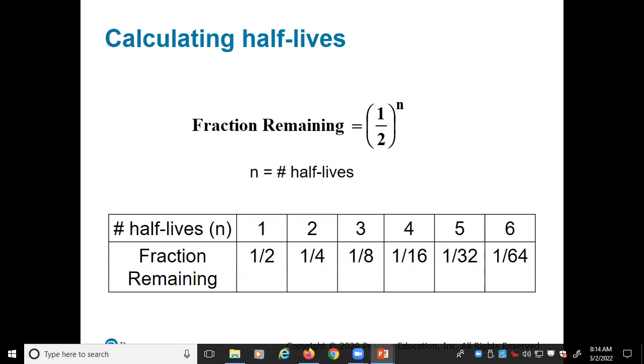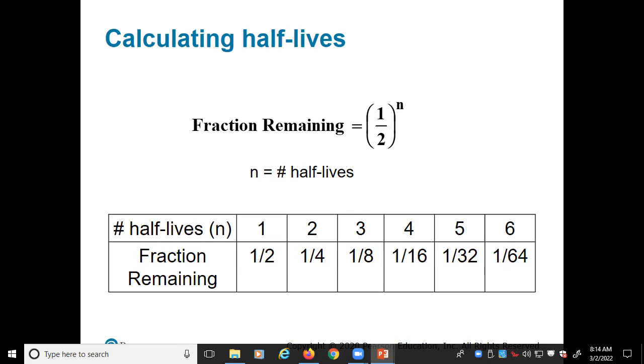Now, we won't get into all of the complex calculations. We'll keep it simple here. If you see calculation problems related to half-life in any of the homework, quiz, or exam materials, you'll be dealing with full numbers of half-lives. So we can use a table like this to get an idea of how much is left of the original sample.